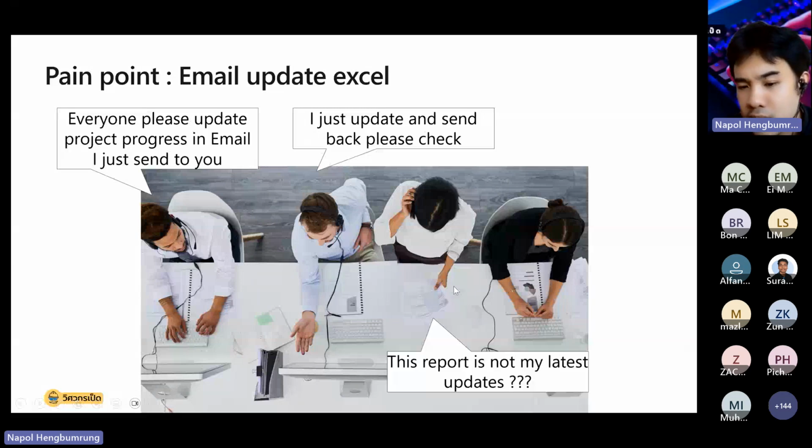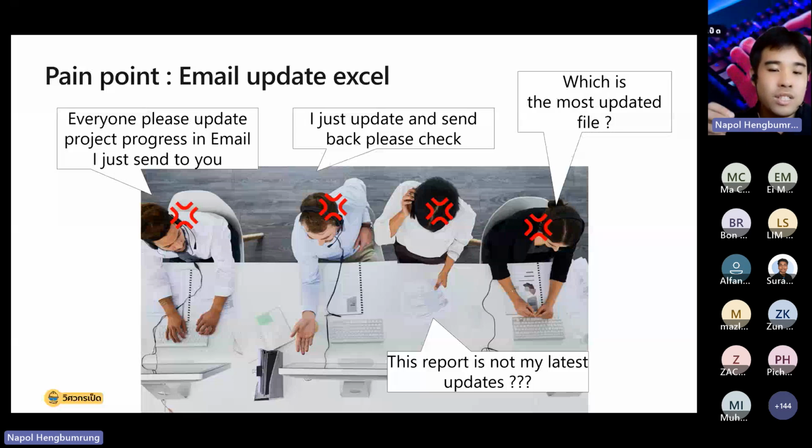Another one says, this report is not my last update, so you missed the point. You forgot to update his report. And the manager asks, which is the most updated file? This is the most common scenario, the pain point of using Excel sent by email to everyone.